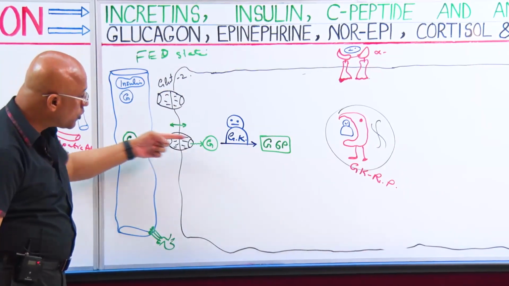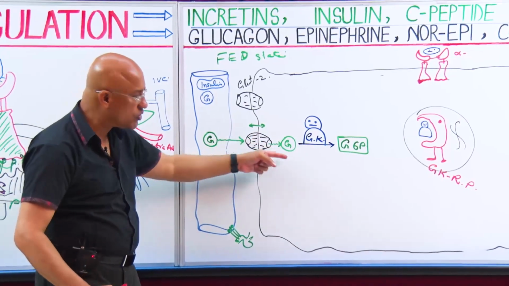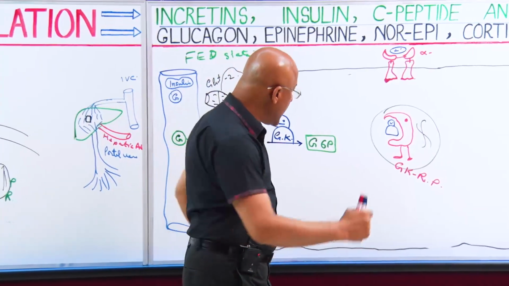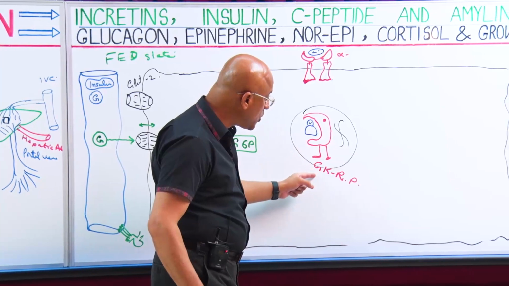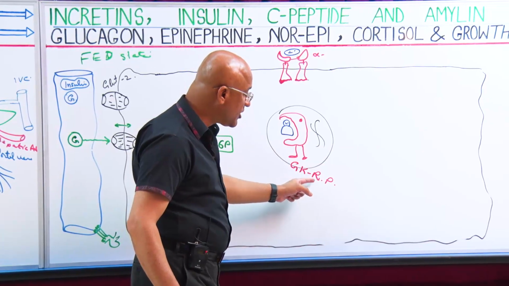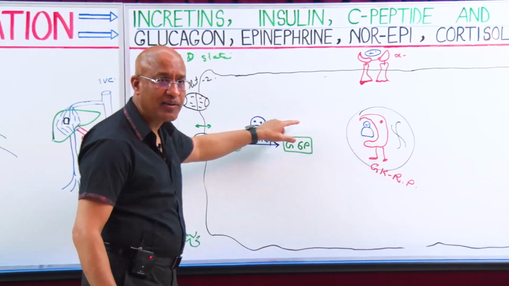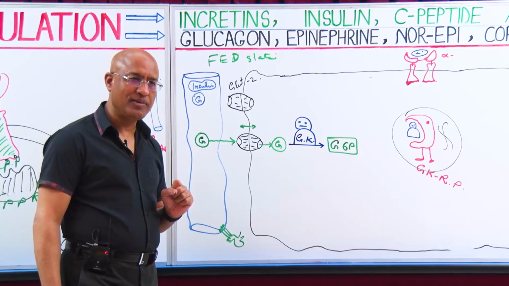But as soon as glucose starts entering, you know what glucose does? First glucose enters into the cell, passes through the cytosol, moves through the cytoplasm and passes through the nuclear membrane and modifies the glucokinase regulatory protein in such a way that glucokinase is set free and comes out. What did I say?